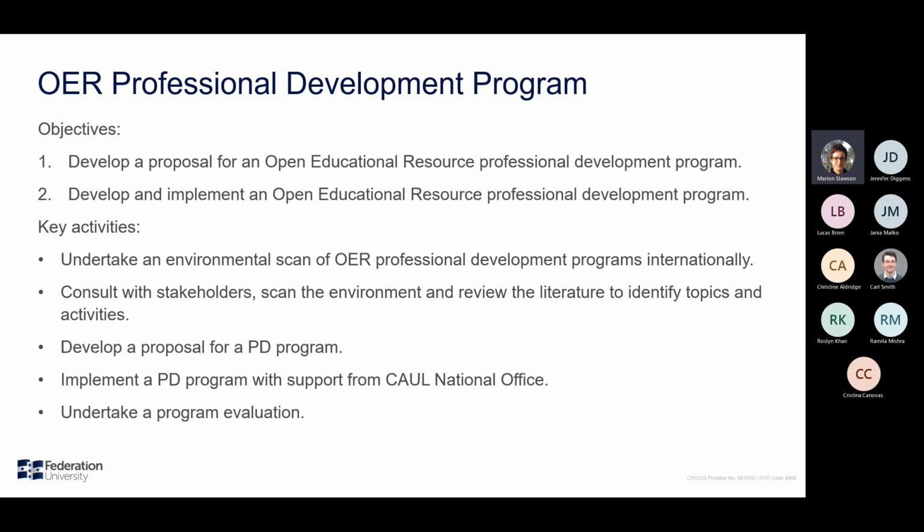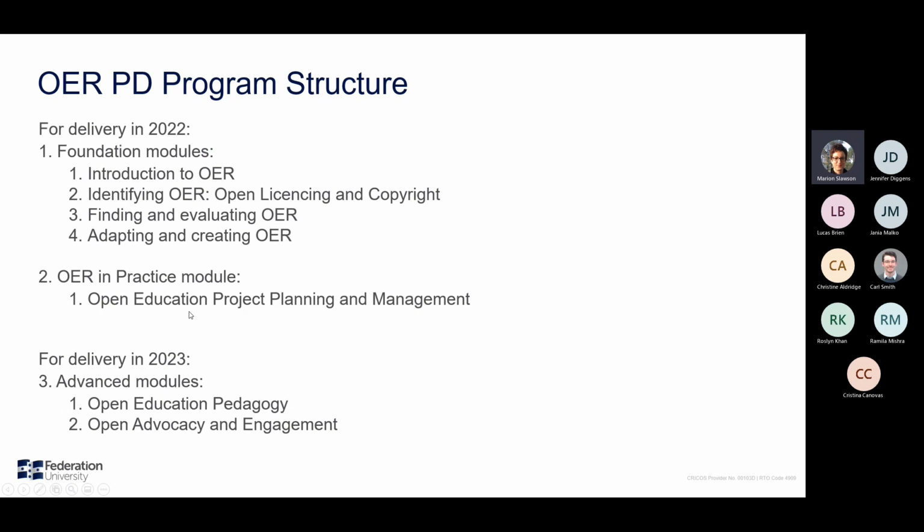So at the moment, we're developing the program, which basically at this stage, this is what we're doing for this year. So we're delivering foundation modules, introducing people to what OERs are, looking at open licensing and how it dovetails with copyright, particularly any institutional policies or mandates that might need to be explored within each institutional setting. So there's a few layers of nuance to explore there.